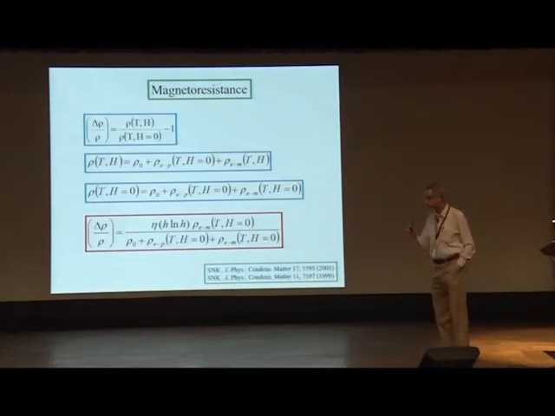Now I want to remind you of one thing: what I showed you earlier with the zero field resistivity is that we got all these terms for the whole temperature range completely. So we had a correct description for the resistivity in zero field. Now in the magnetoresistance, the only thing that is there is this.